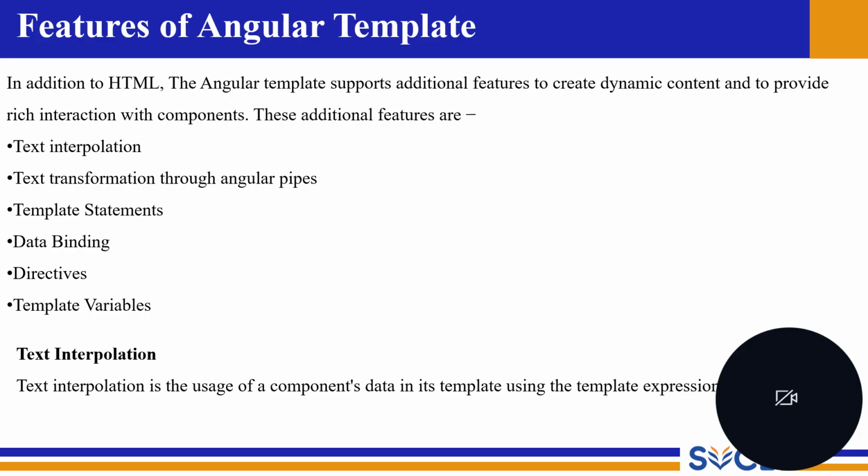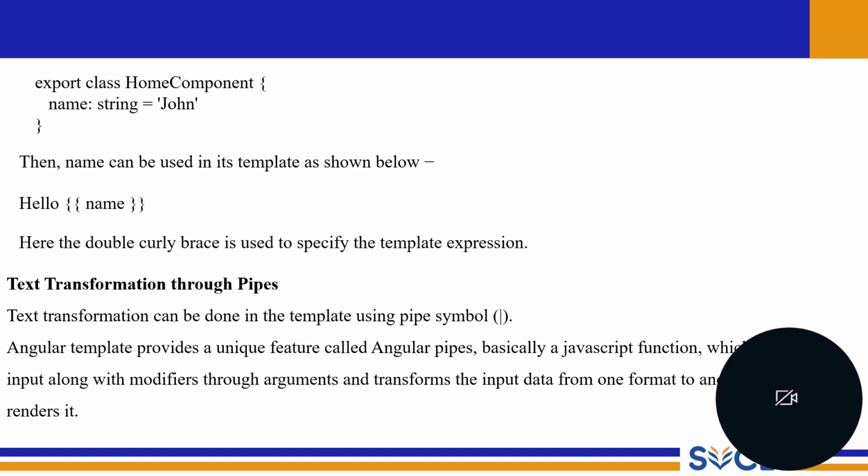The first one is text interpolation. It is the process of connecting models of a component instance to the text portions of the component template. So this is the example for text interpolation.